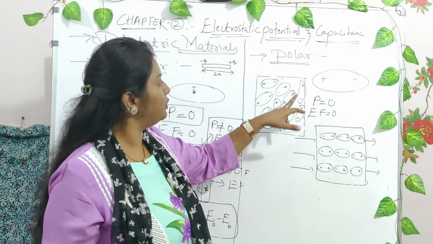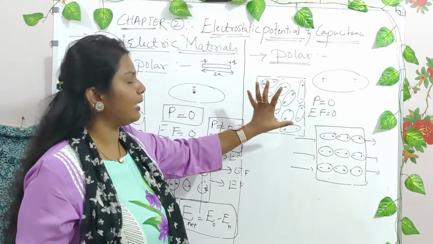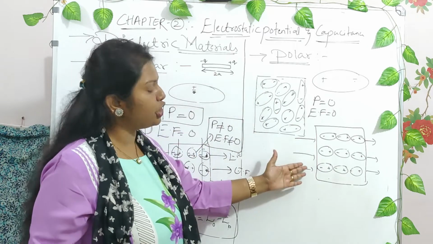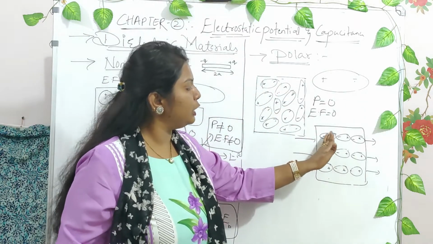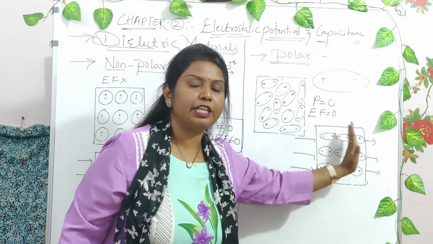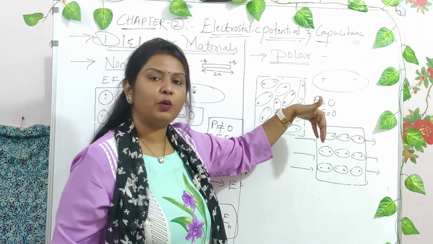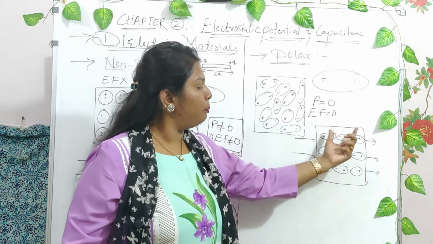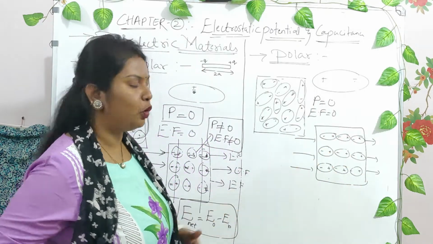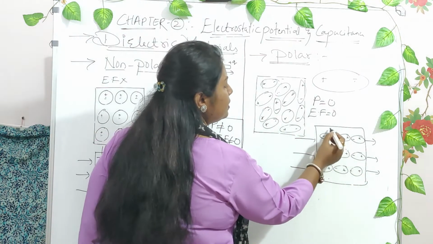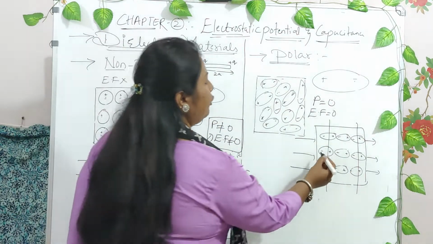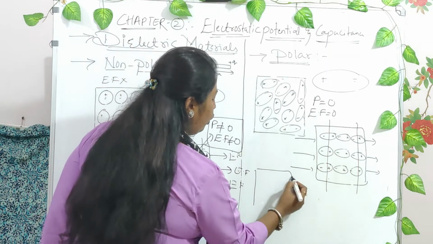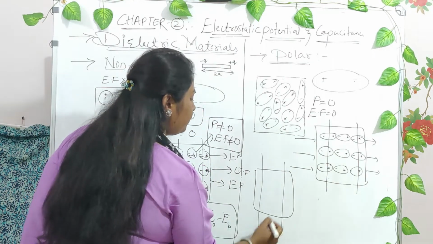Initially the positions of all these molecules were randomly arranged. After the application of electric field, the molecules are arranged such that all the positive are moving in the direction of electric field, and all the negative are separated. Now there is a proper alignment of the electric dipoles, due to which the central charges get cancelled out, and it forms a separate layer of positive and negative.